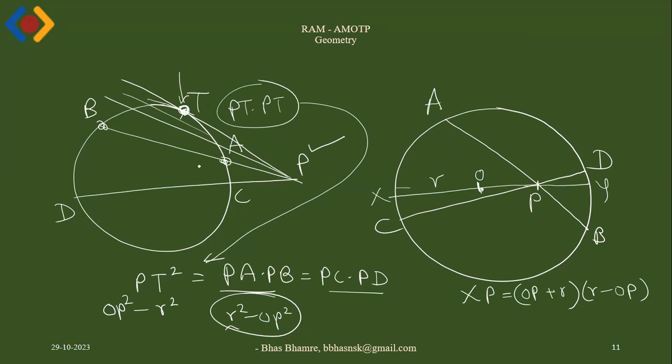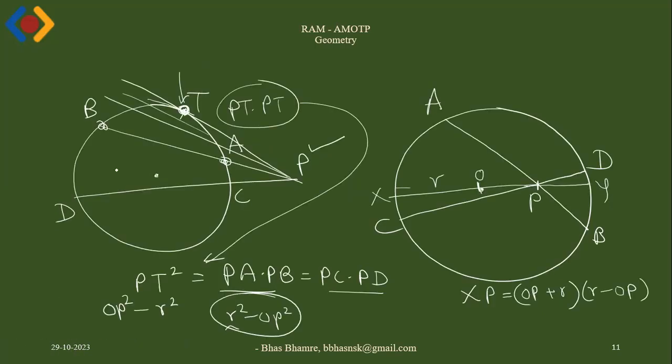If there is the center, here is the center. If I draw and join this, then I get that this is XY. So it is actually PX times PY is PA times PB.